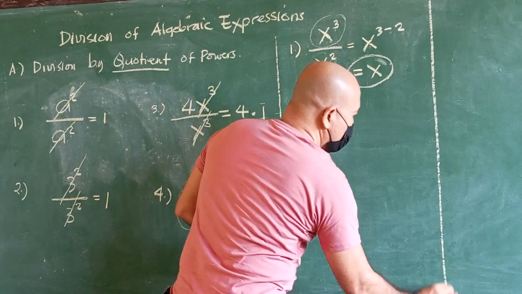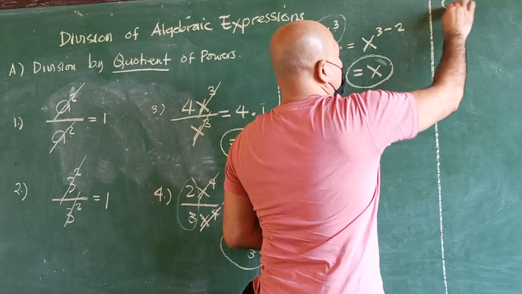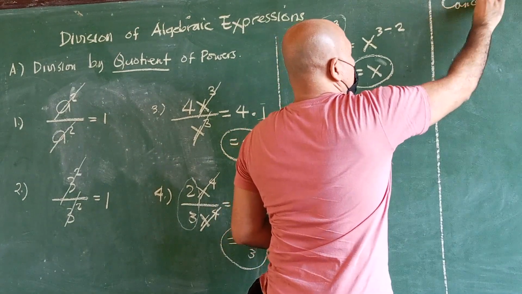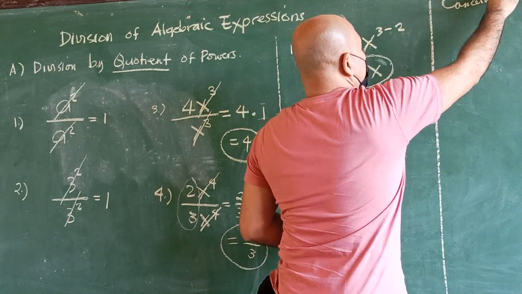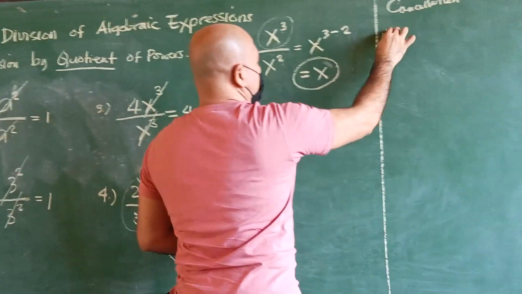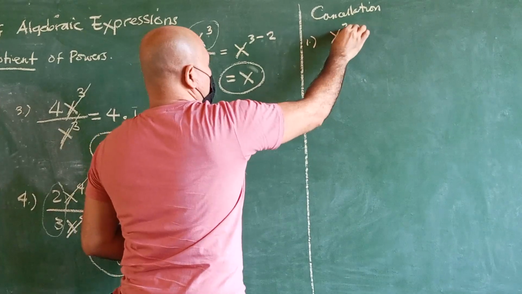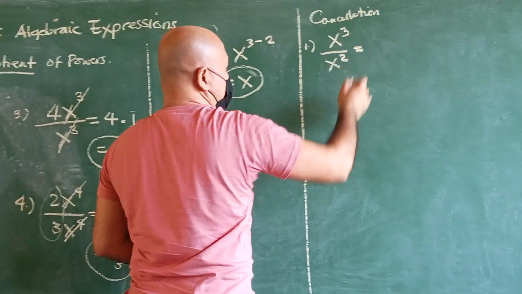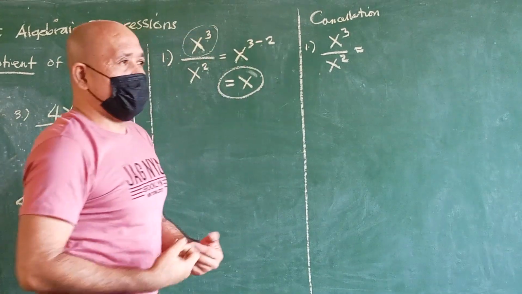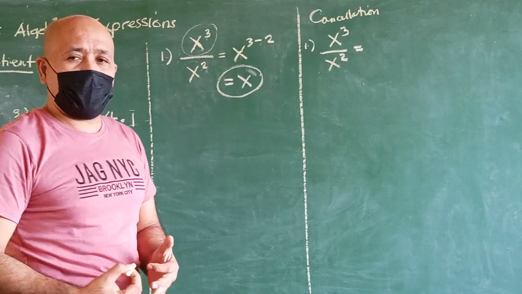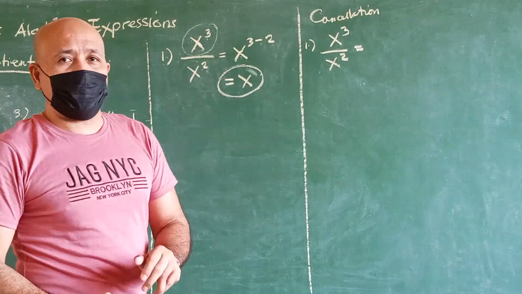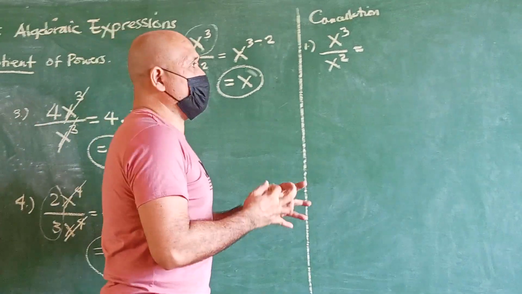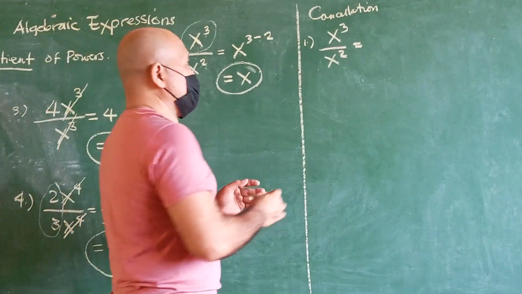However, for the cancellation method, you can do this. Rewrite x cubed over x squared. Can you still remember what happens when we multiply the same variables? You can apply the idea in reverse form.